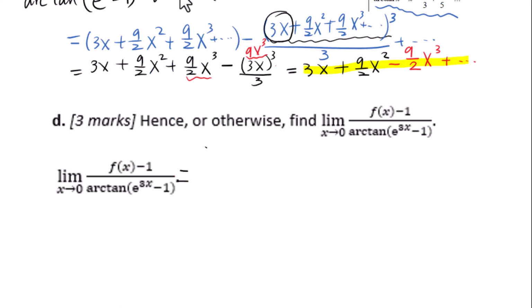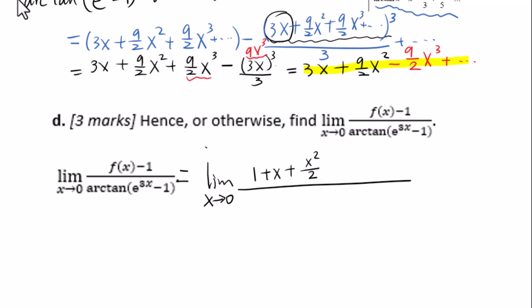We will use the results from A and C. The limit as x approaches 0 of f of x equals 1 plus x plus x squared over 2, then minus 1, over the arctangent of e to the 3x power minus 1, which is here: 3x plus 9 over 2 x squared minus 9 over 2 x to the third power.